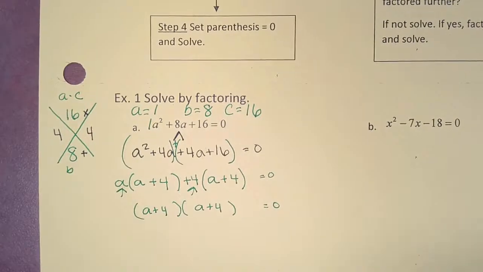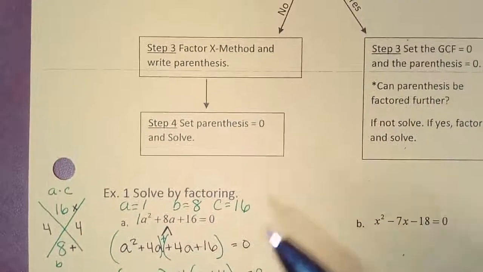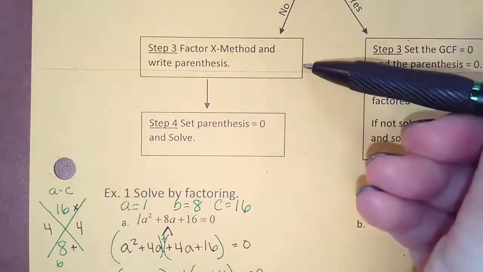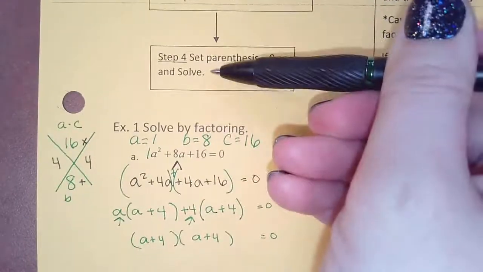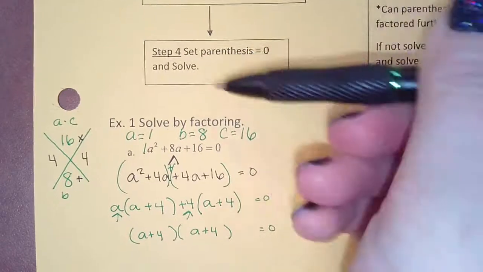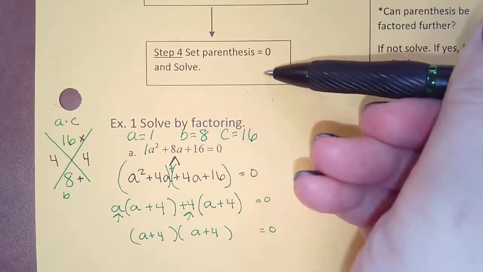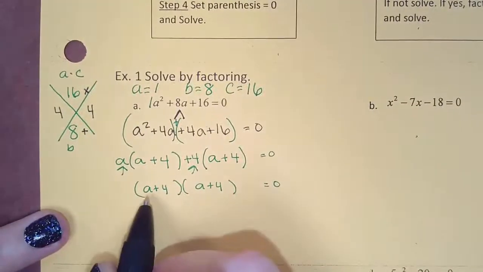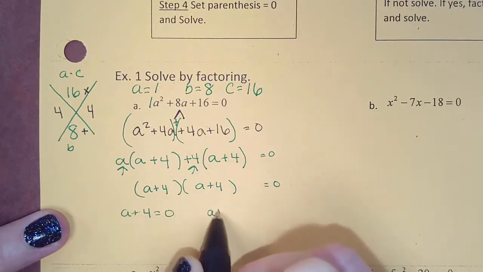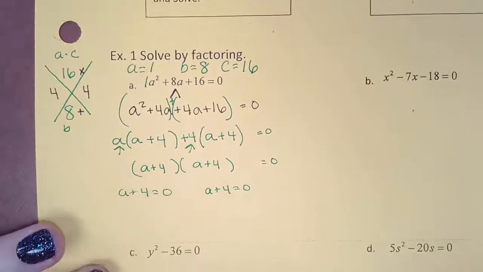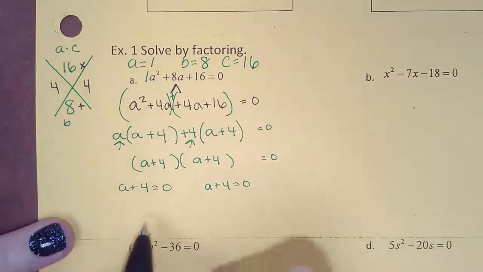So now we have done the X method and factored and written our parentheses. Step 4, this is a new step. Set each parenthesis equal to 0 and solve. So I'm going to set A plus 4 equals 0, and then this one, A plus 4 equals 0. And solve. So subtract 4 on each side.